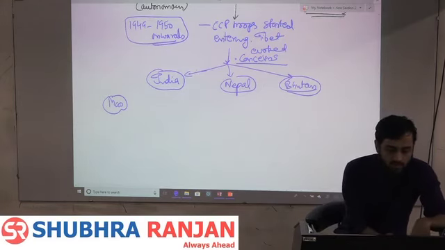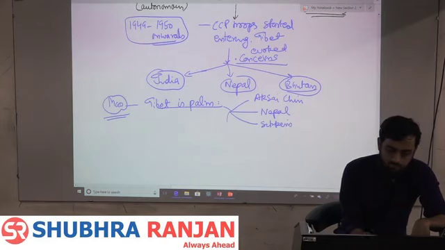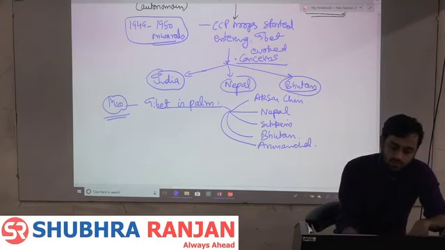On top of that, Mao made a statement that Tibet is the palm, and Aksai Chin, Nepal, Sikkim, Bhutan, and Arunachal are what? Fingers. Tibet is the palm and these are the five fingers.